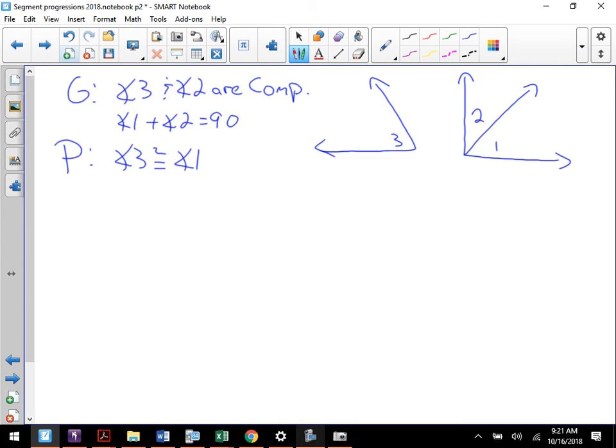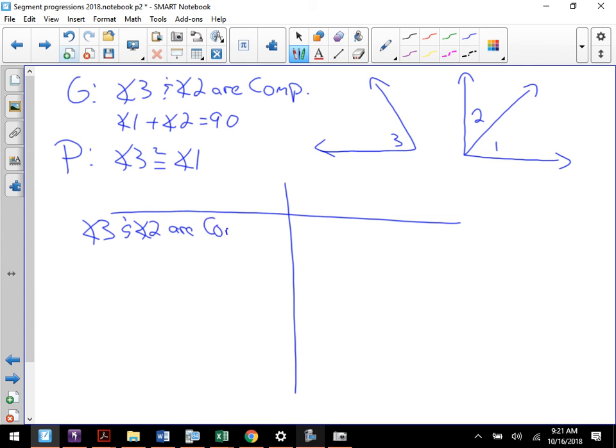Okay. So in this one, what is the first given statement? Angle 3 and angle 2 are complementary. So how do you start your proof? You're putting that down, right? Angle 3 and angle 2 are complementary.